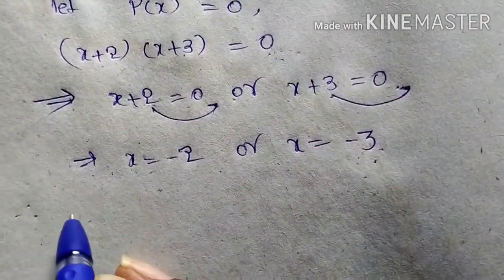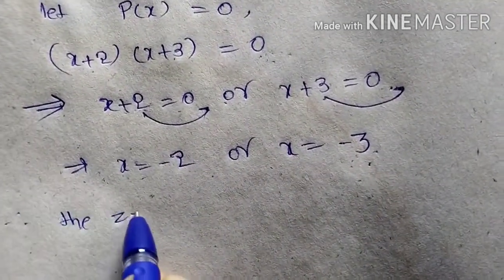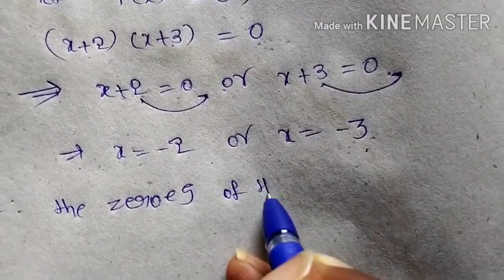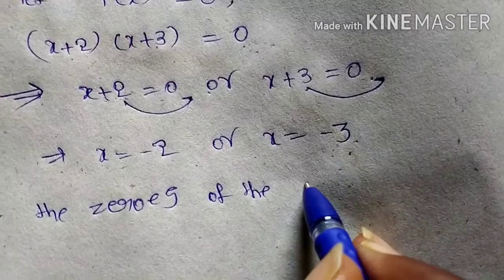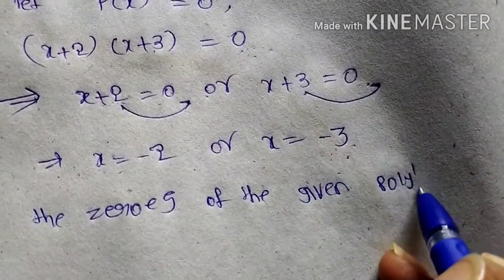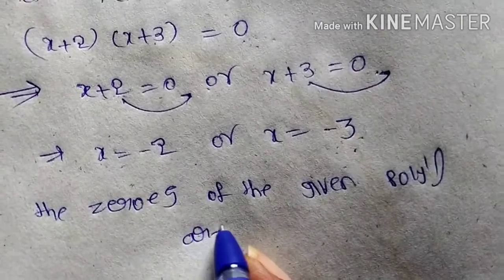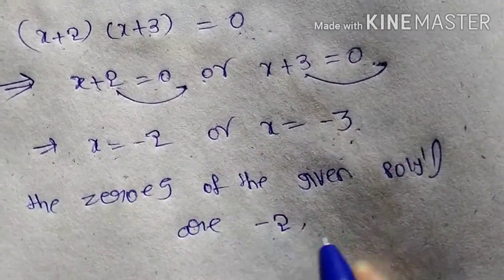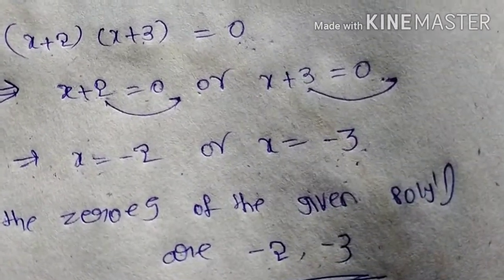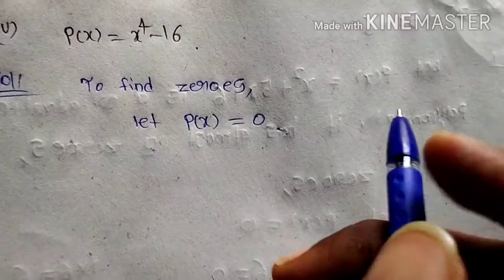Therefore, the zeros of the given polynomial are minus 2 comma minus 3. Your answer is minus 2 comma minus 3.